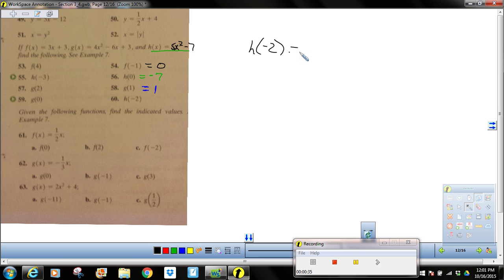So I'm going to substitute -2 in for x, and I'm going to calculate. -2 squared is 4. 5 times 4 is 20. And 20 minus 7 is 13.